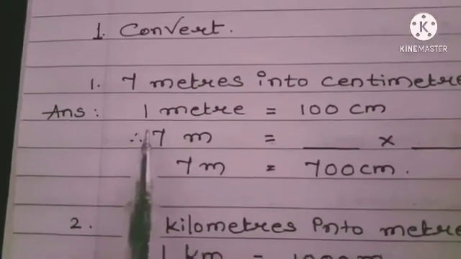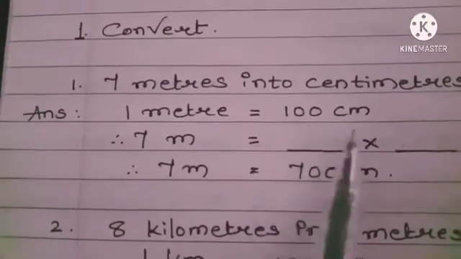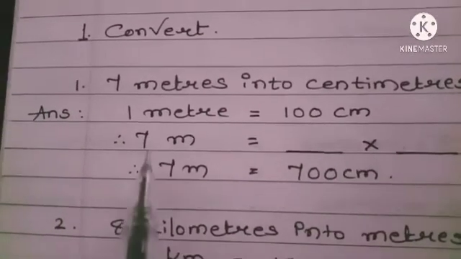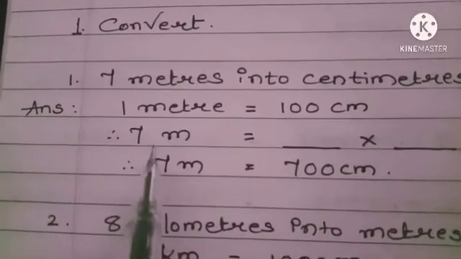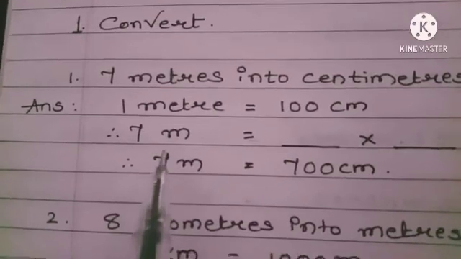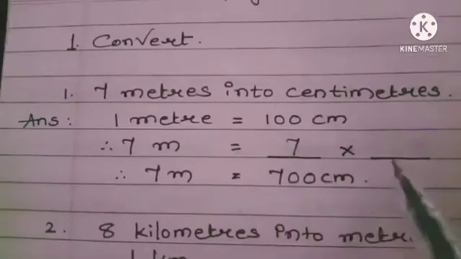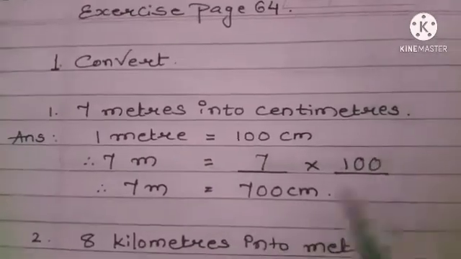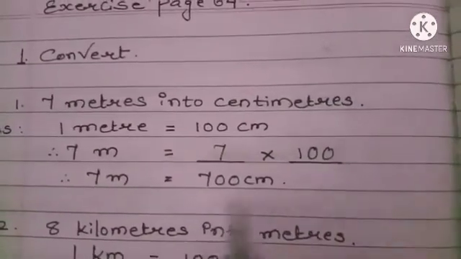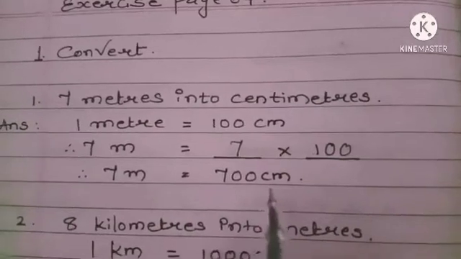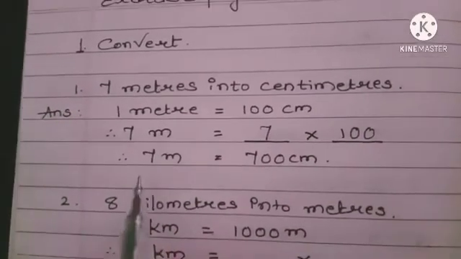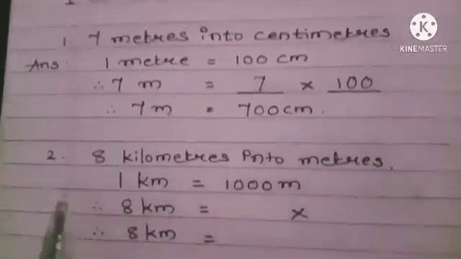So you know that 1 meter is equal to 100 centimeter. We have to multiply the 7 by 100. So it will be converted into centimeters. So see, 7 meter is equal to 7 multiplied by 100. 7 multiplied by 100 is 700 centimeters. So you have to write like this in your notebook.